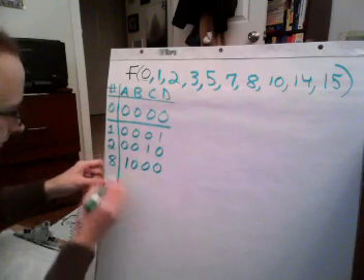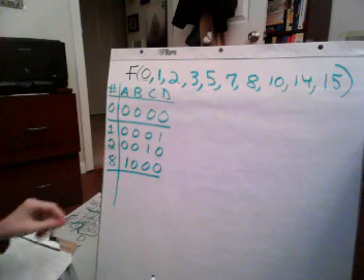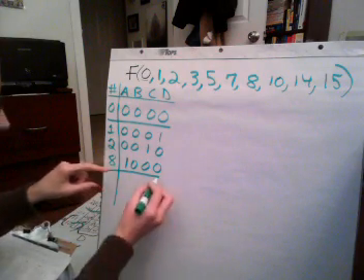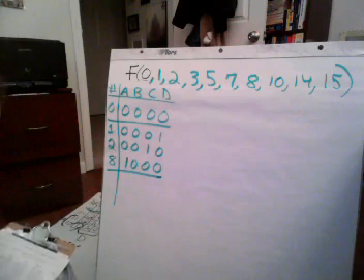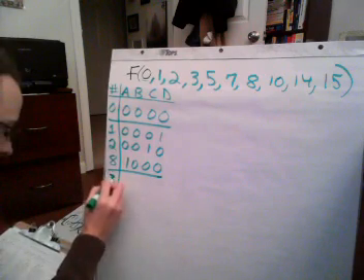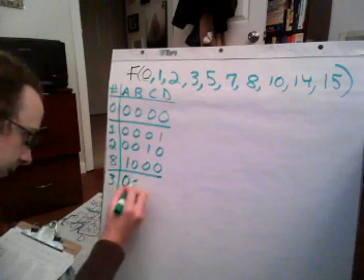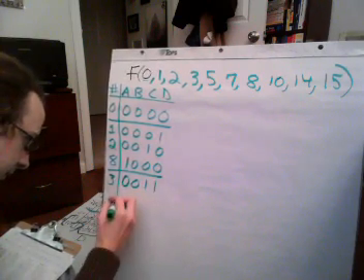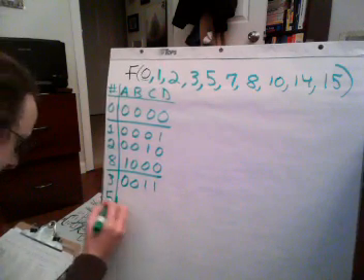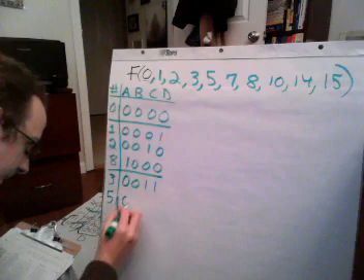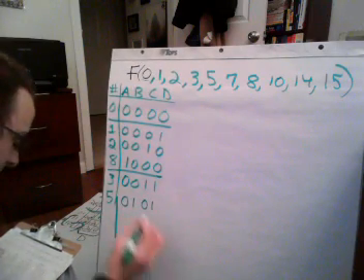And that's all. Now let's look for the values that have two 1s in them. We have the number 3, the number 5, and the number 10.